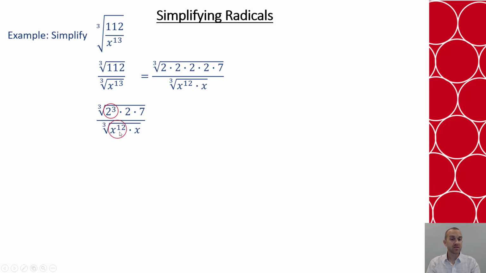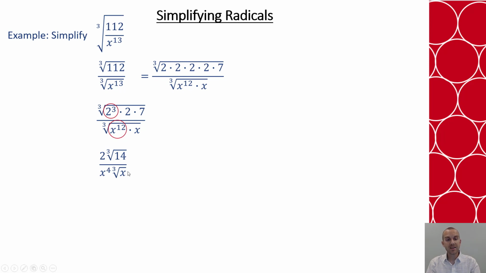And then x to the 12th, and that 12 divided by 3 will give me x to the 4th on the outside of my radical. But I still have stuff inside. My numerator, that's fine to have the cube root of 14, because that's just combining the 2 and the 7. And in my denominator, though, I have the cube root of x to the 1st. And there's my problem. This is a correct answer, but it's not the most simplified.